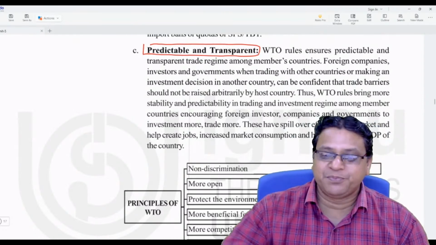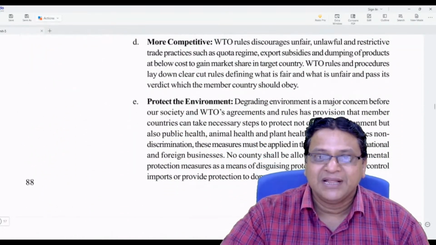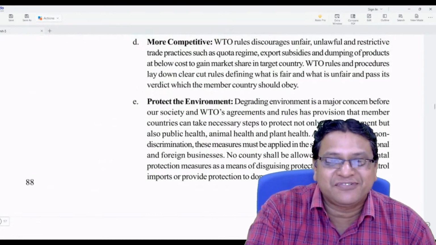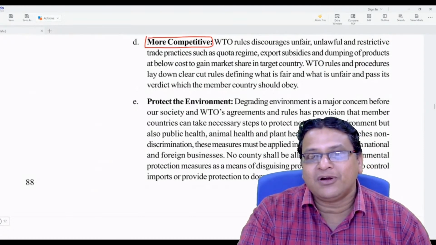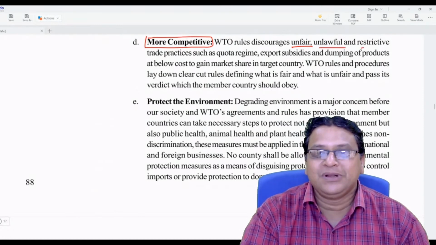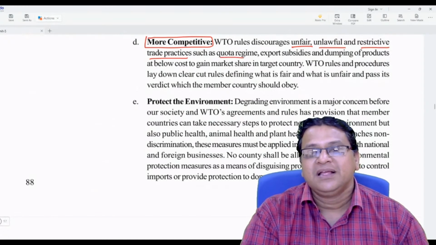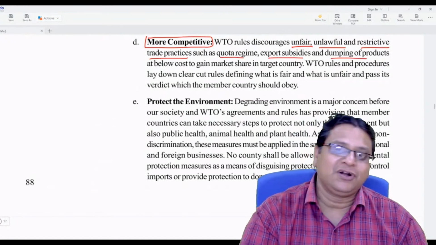Next important principle is that WTO will frame rules in such a way that the member countries will be more competitive. The rules will not be unfair. The rules will not be unlawful. There will not be any restrictive trade practices like quota, subsidy, dumping under WTO.